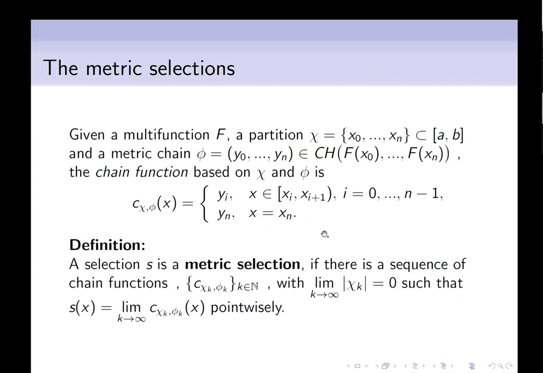And now, what is a metric selection? A selection S is a metric selection if there is a sequence of these chain functions, with this additional property with the norm tending to zero as k tends to infinity, such that this sequence converges pointwise to S. S is our selection. So this is the definition.